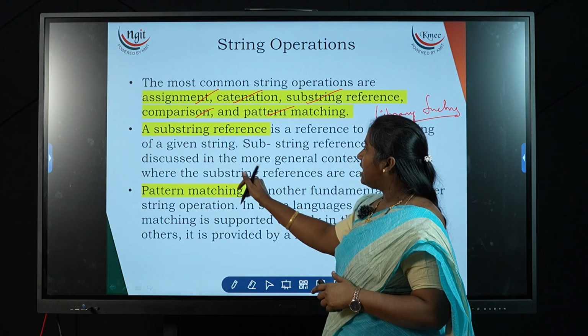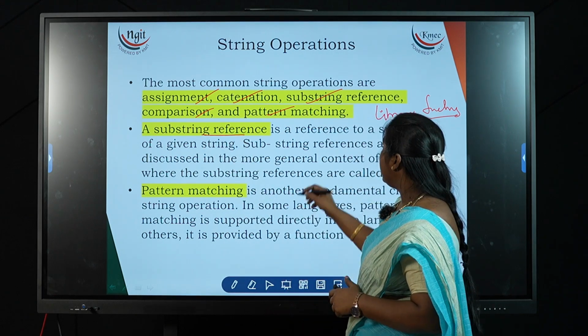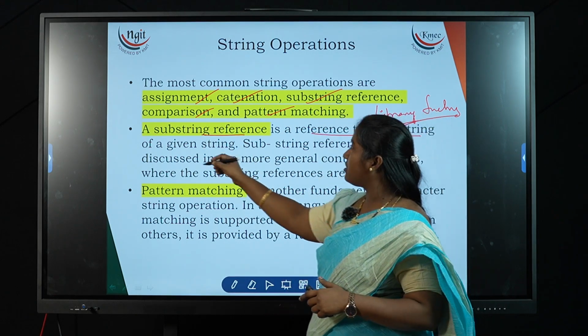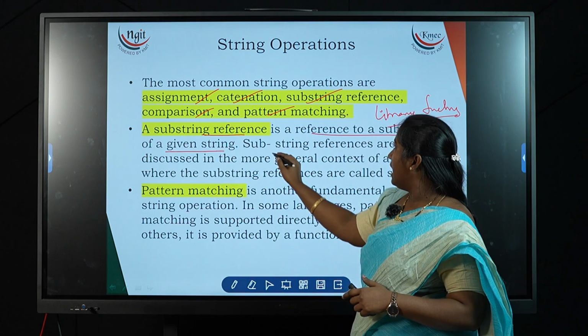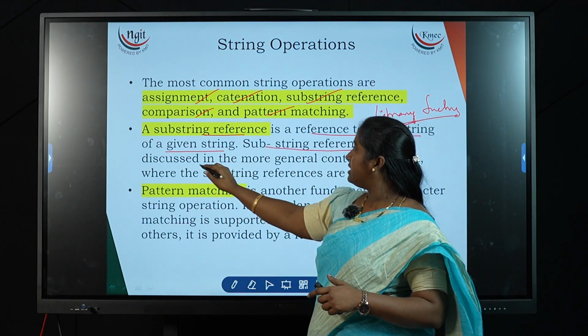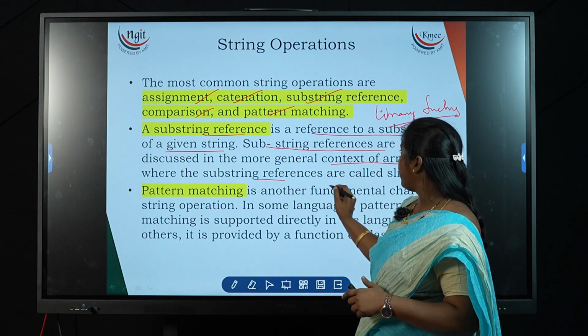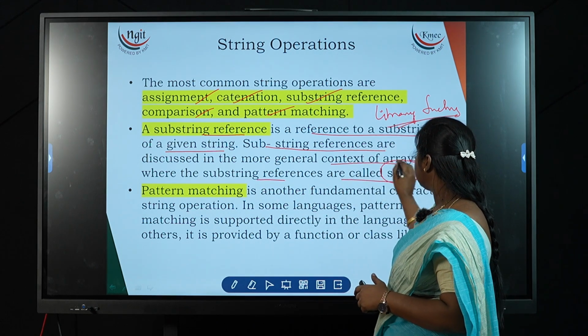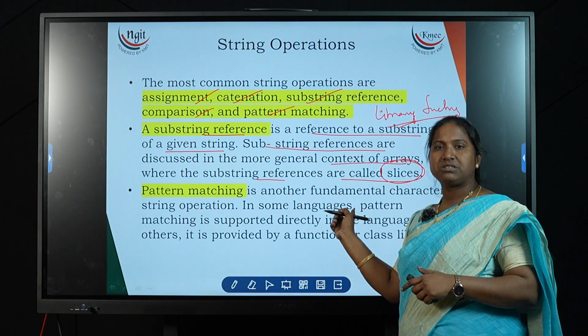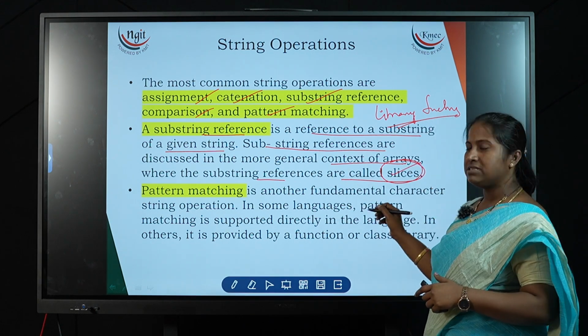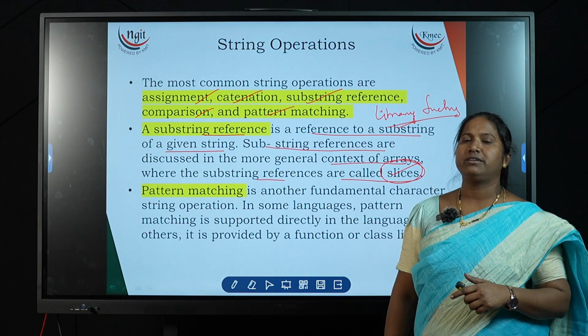So basically, a substring reference is what? It is a reference to a substring of a given string. Substring references are discussed in a more general context of arrays, where the substring references are called slices. So we have another slide also to talk about slices. A slice is not a different data type.